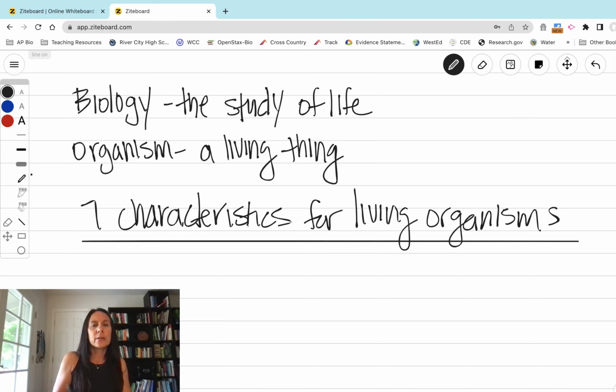So the first thing that I'm going to point out is there needs to be some order to the body of the organism. Okay, so there needs to be some order.